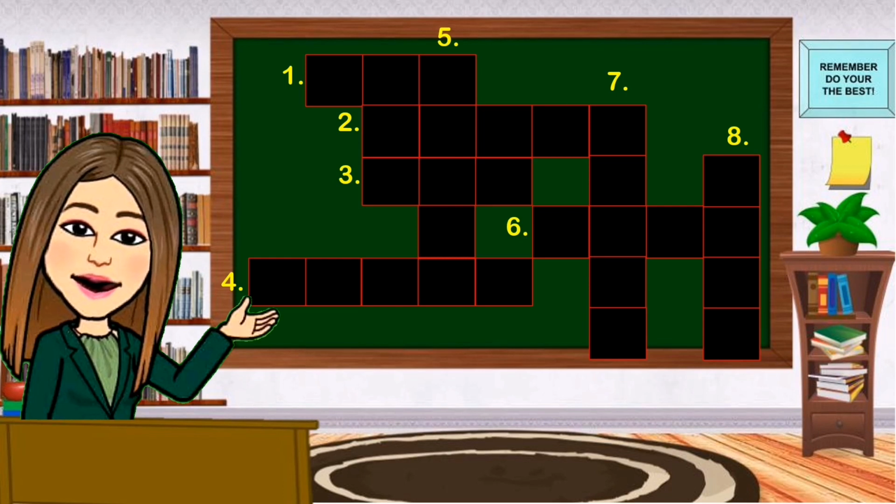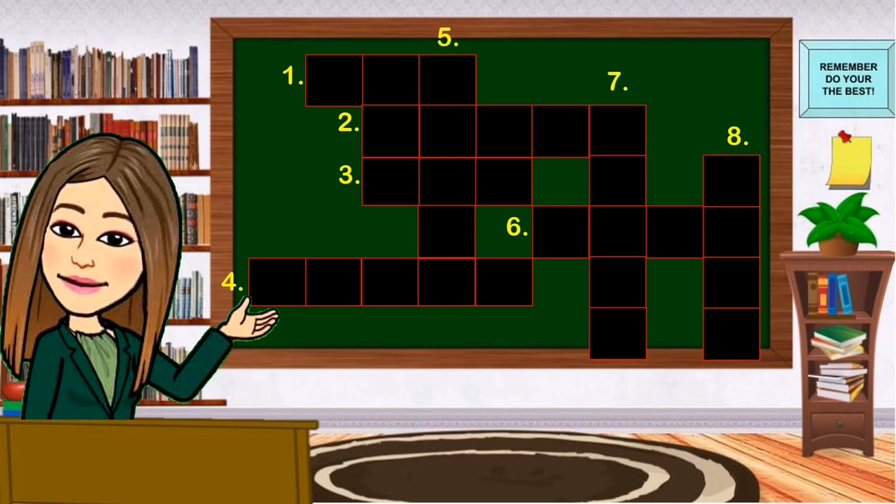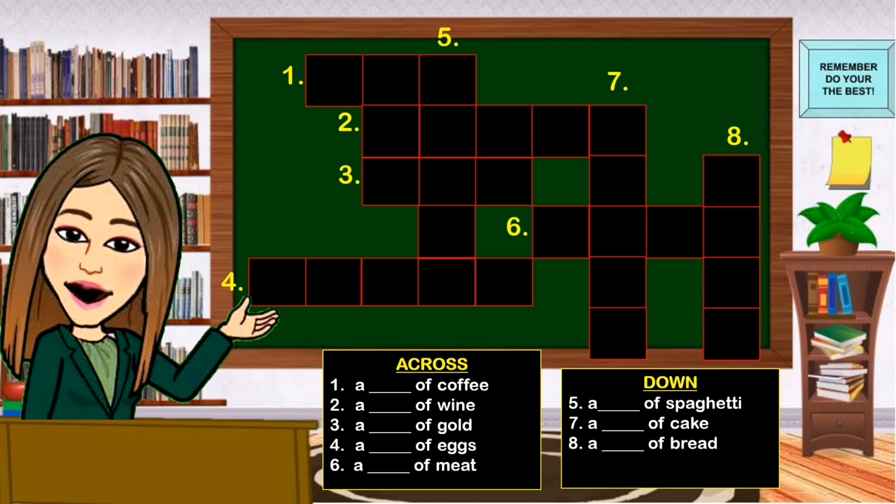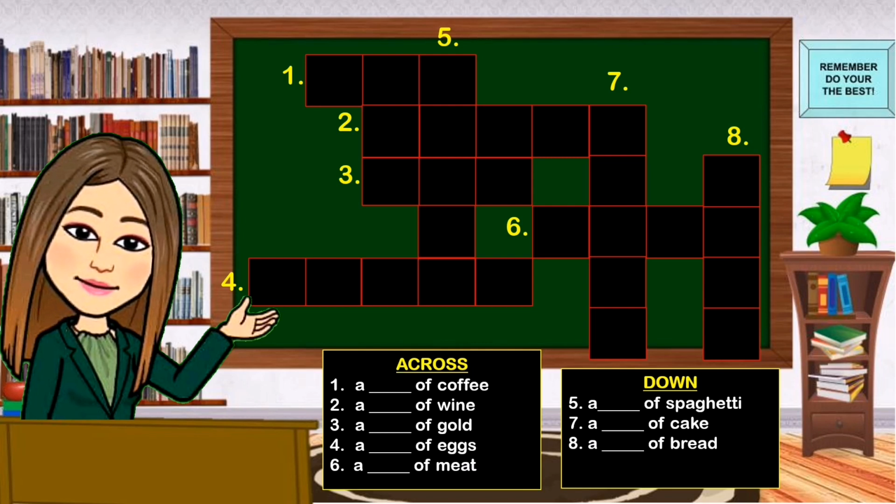I have here 8 blank quantifiers that you have to guess using the following clues. We have here 5 across blank quantifiers and 3 down blank quantifiers. You only have 30 seconds to do this exercise. Are you ready? Let's get started.